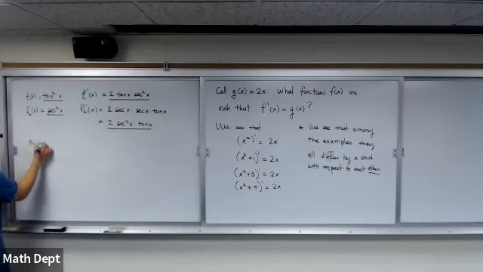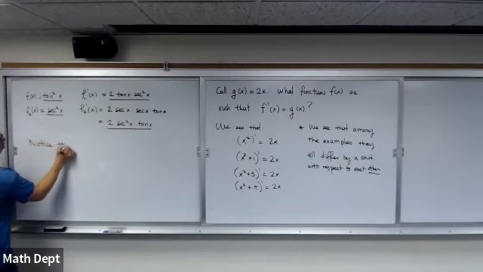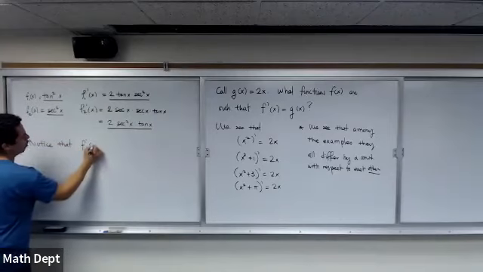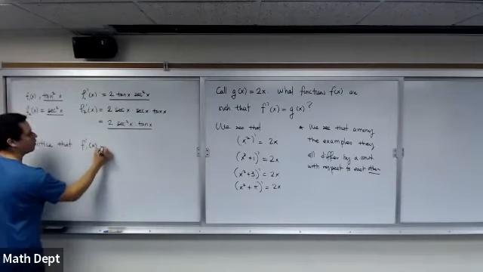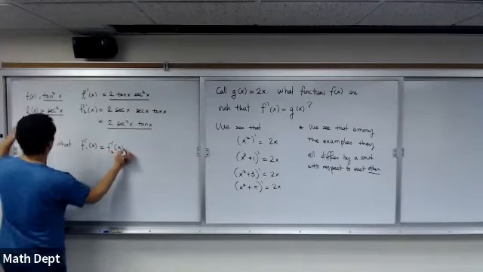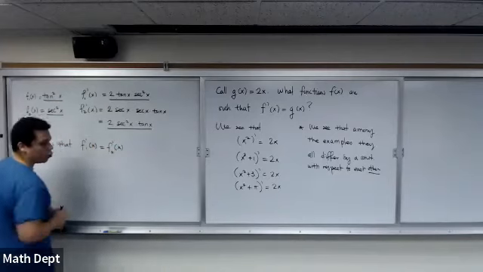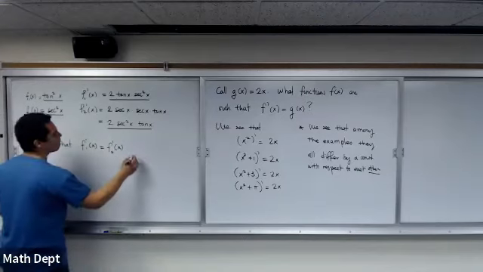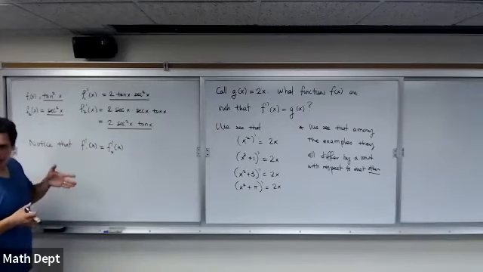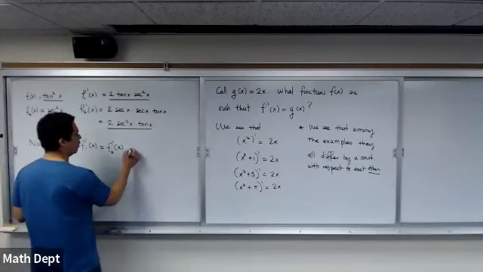Notice that both the derivative of f1, the tangent square, and the derivative of f2 of x, the secant square, are equal. But do they differ by a constant? Right? Are the original functions differing by a constant?